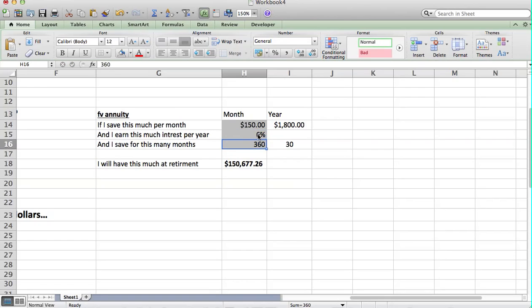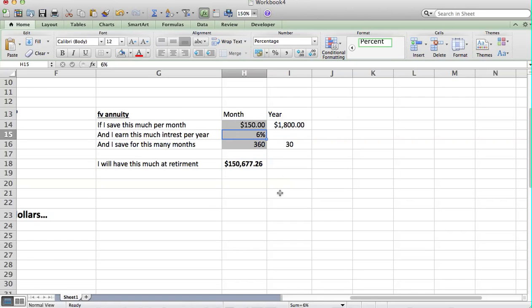Maybe your mutual funds or whatever are giving you a 6% return and you're contributing $150 a month to them, and you're saving it for 360 months or 30 years. Then at retirement you would have $150,677. And this is just by making that monthly payment and getting that interest rate over the 30 years.